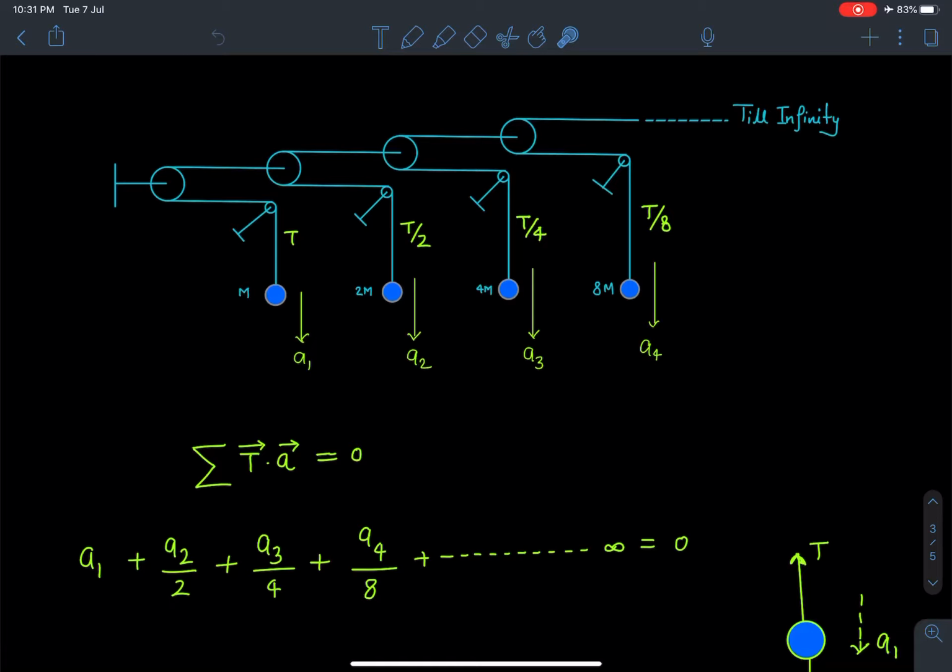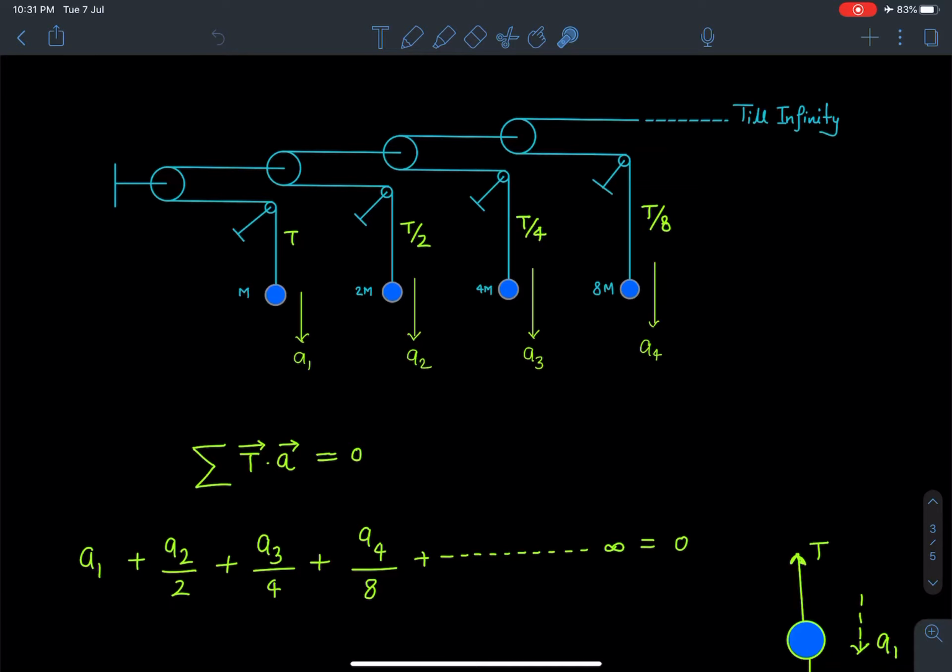The first thing we are going to do is find the relation between these accelerations. For that we use our standard constraint method, that is the virtual work method, or you can say sigma T dot v or sigma T dot a.